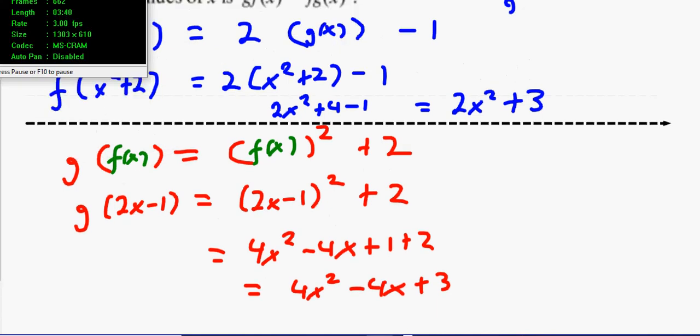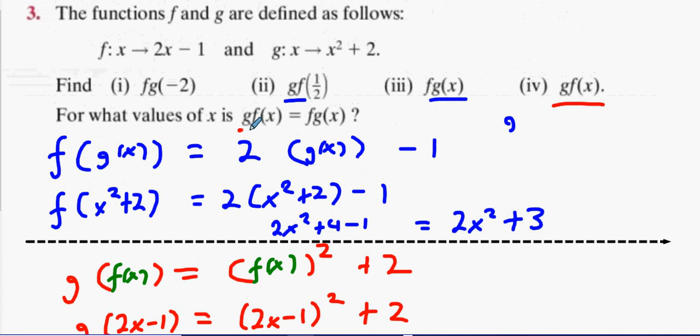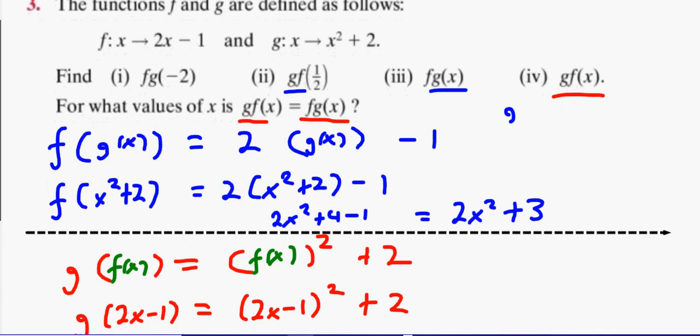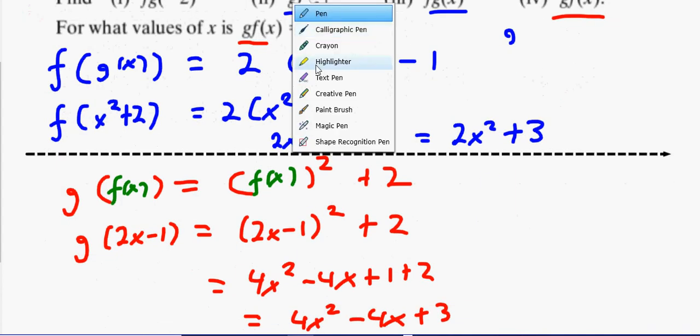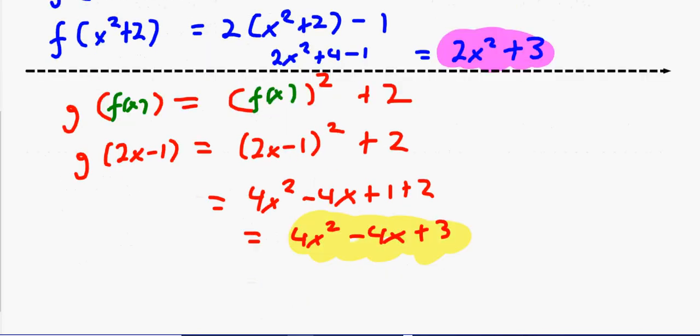Okay, right. Now in part 3, what we have is, for what values is g f of x equal to f g of x? So the answer for f g of x is this, that one's the same as that one. This one is the same as this one. So just put them equal to each other, and we should get 2x squared plus 3 is 4x squared minus 4x plus 3.